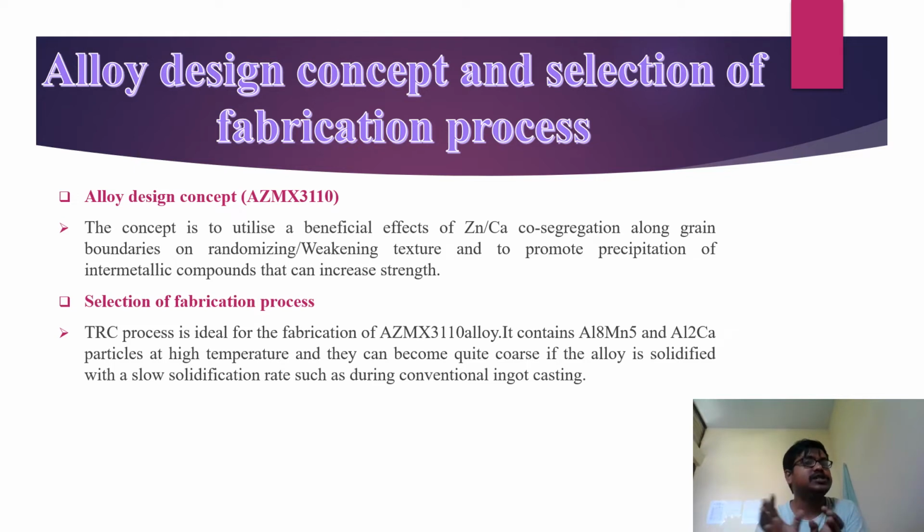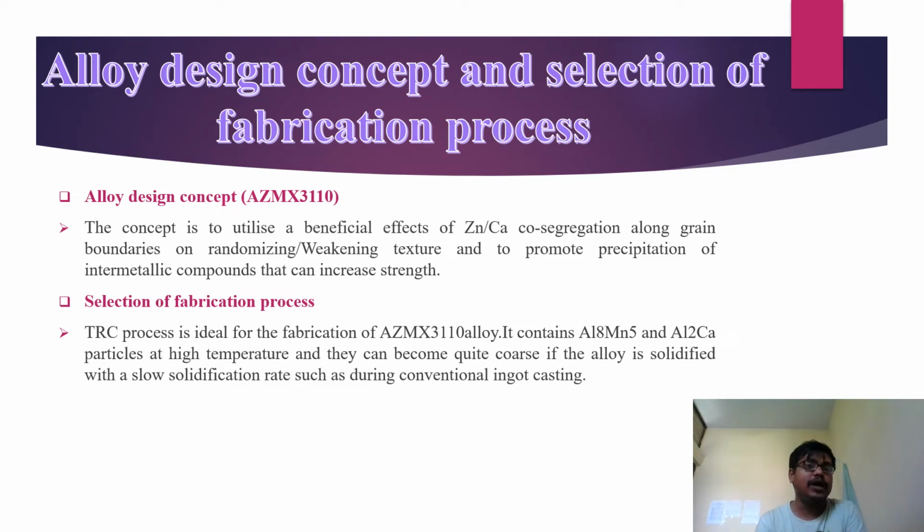It will maintain its own shape and size. So even if you do thermomechanical processing of the magnesium alloy with calcium and zinc segregation along the grain boundaries, it will not allow the grain to increase in its size. So it will maintain the grain size, and it will maintain the formability of the magnesium alloy.